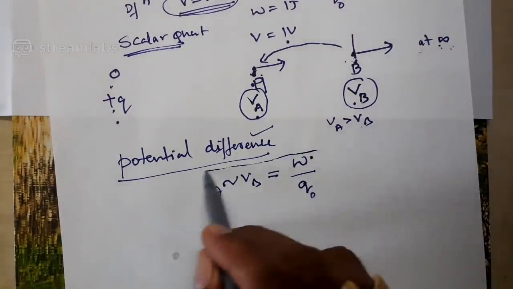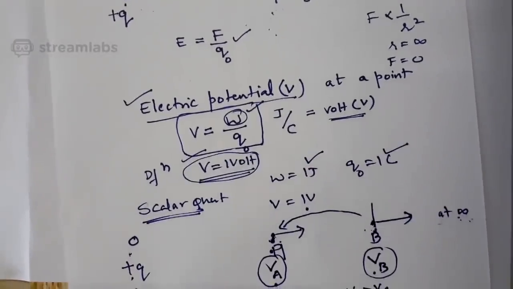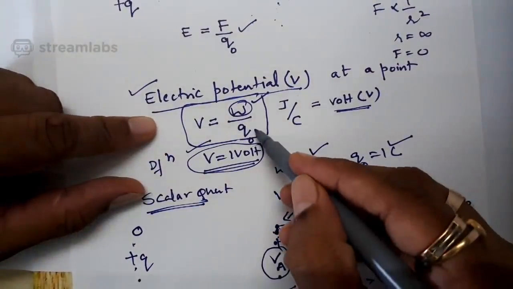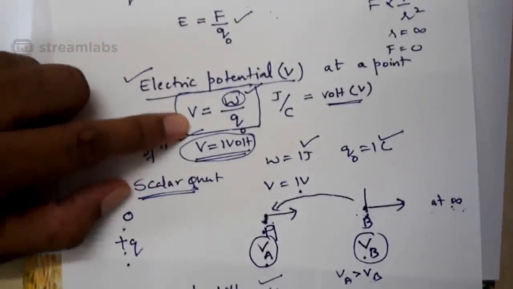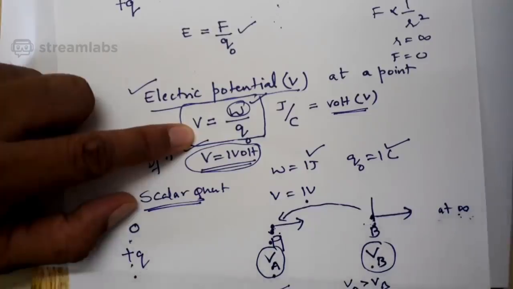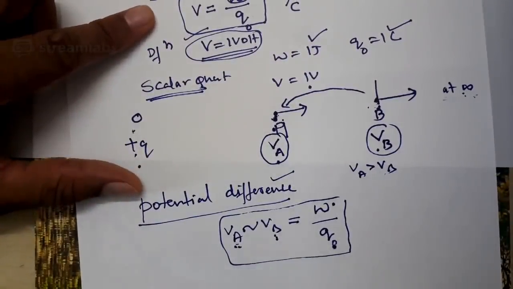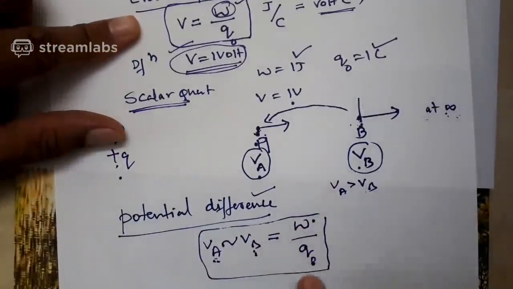Now you just compare this equation and this equation of a potential at a point. A lot of similarities are there. Along with that, there is a difference also. Similarities: this Q naught is plus 1 coulomb, this Q naught is also plus 1 coulomb. The difference is this V is a potential at a point. Here this is a potential difference between the 2 points, and you are using the same notation, work done as W here and here also W only.